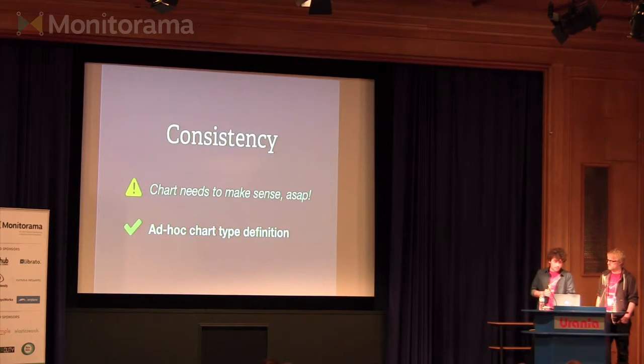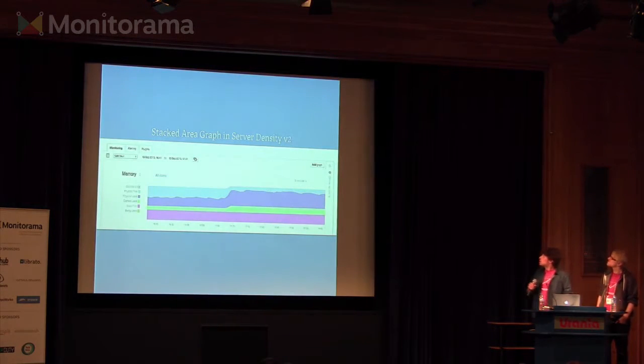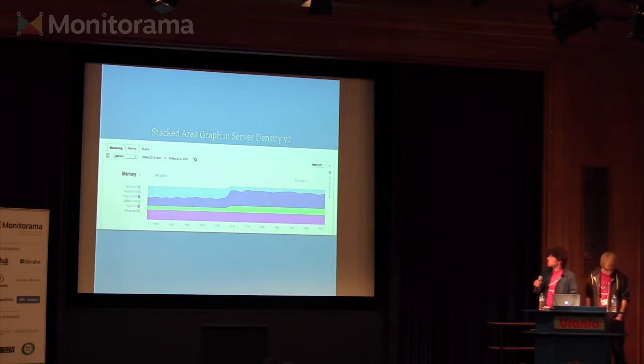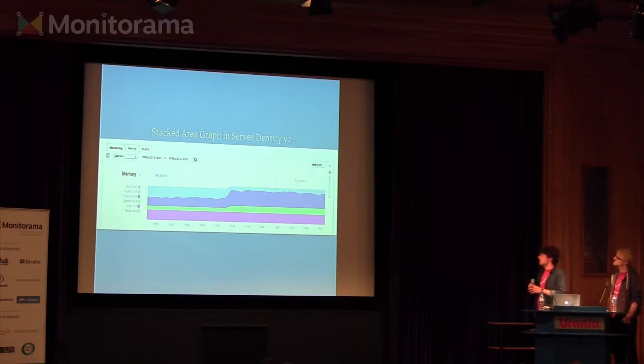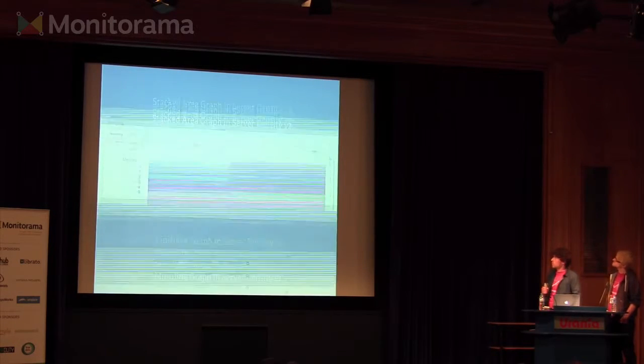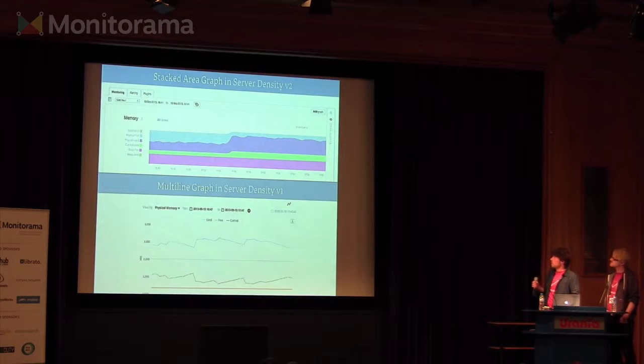To give you an example, this is a graph for memory usage from the new graphs, and it displays the memory metrics stacked on top of each other as areas. What you can clearly see from this graph, which you can't see immediately from this other one, is that there's a spike in the physical memory used. There's an increase right in the middle.